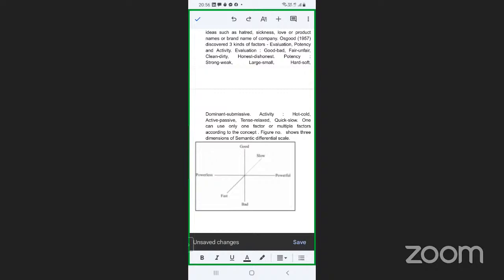What is the meaning of Colgate toothpaste? What is the meaning of Sensodyne? What is the meaning of Babul? Like that.